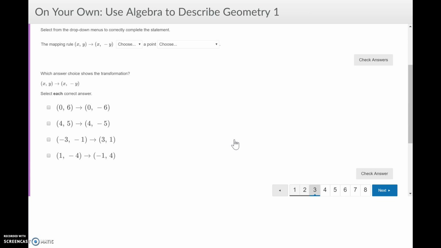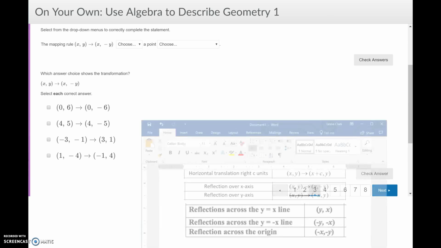Now, the mapping rule, (x, y) goes to (x, negative y). All right, so I have a little cheat sheet I'm going to pull up.